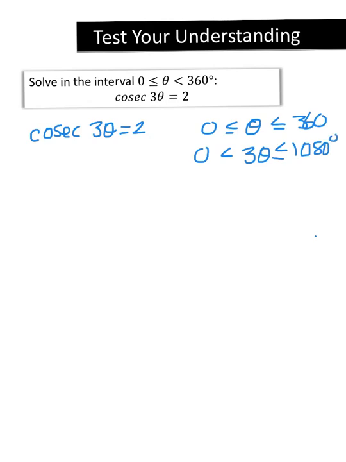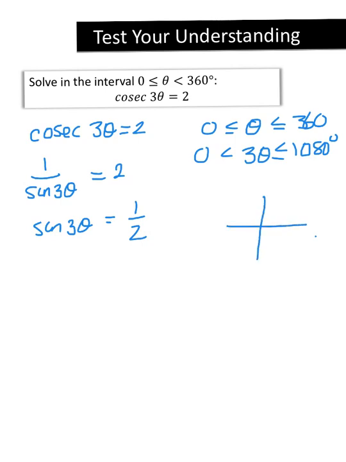Okay, so cosec 3 theta is 1 over sine 3 theta equals 2. Reciprocating both sides will give me sine 3 theta equals a half. So we're looking in the quadrants where sine theta is positive, and our acute angle is 30 degrees.